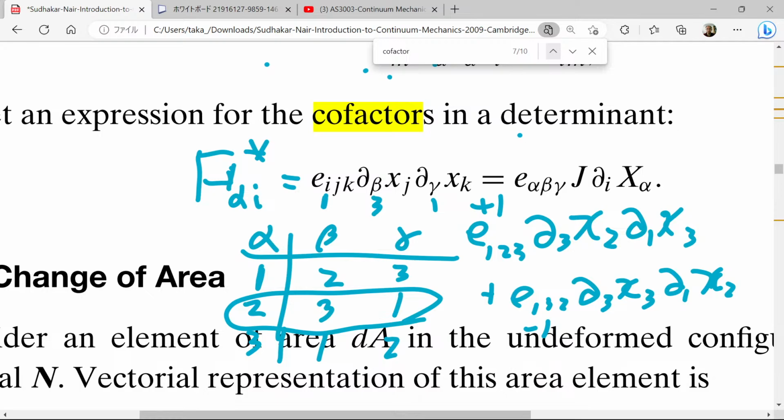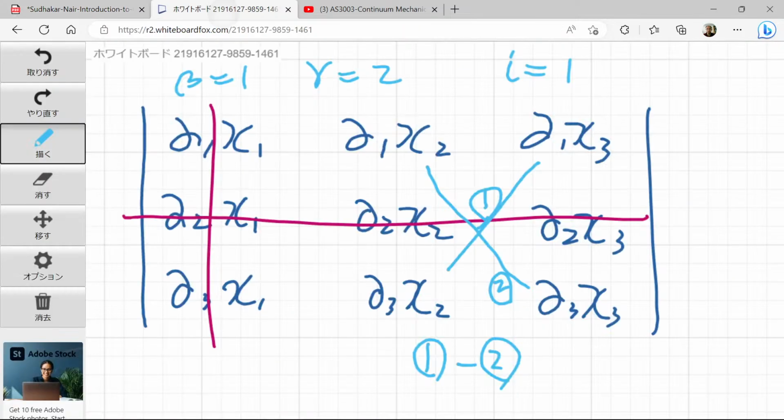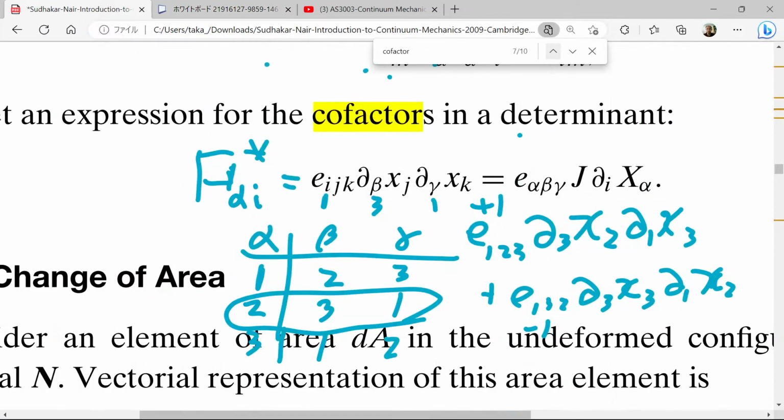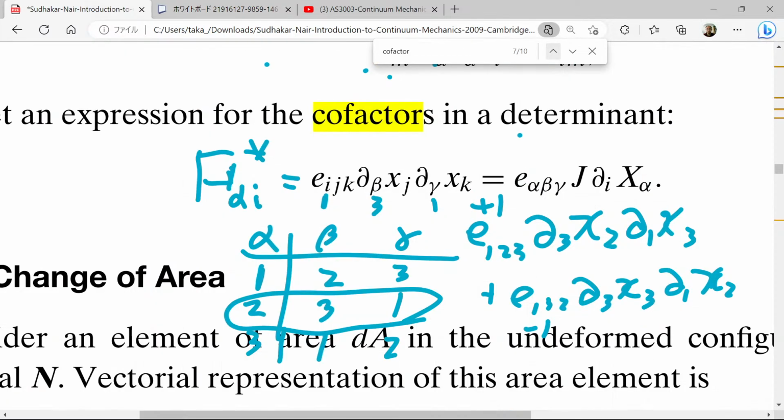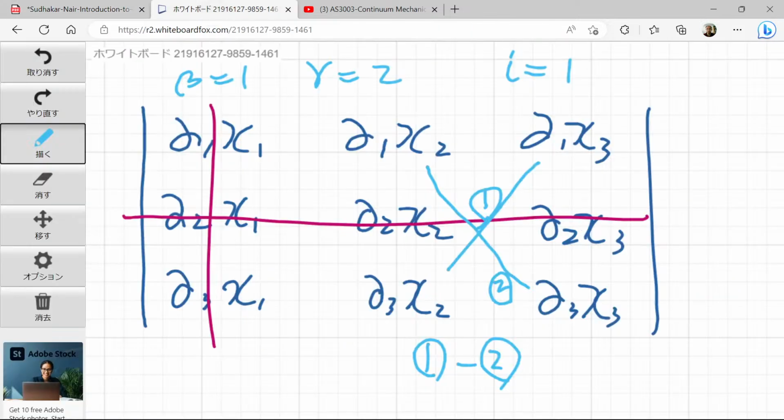3, 2, 1, 2. Sorry, I'm confused. 3, 2. Why is there 2? 3, 2, 1, 3. Okay. 3, 3, 1, 2.